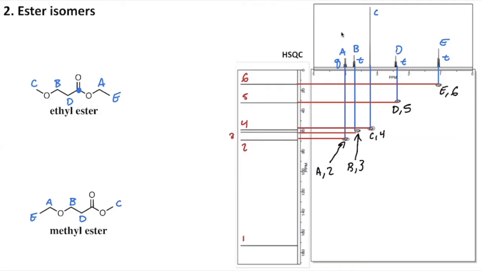It's got to be something with a carbonyl, right? So because of that, we see the high chemical shift of the carbonyl, and there's no correlation in our HSQC because there are no hydrogens on our carbonyl carbon, so we don't see any direct bonding correlations.